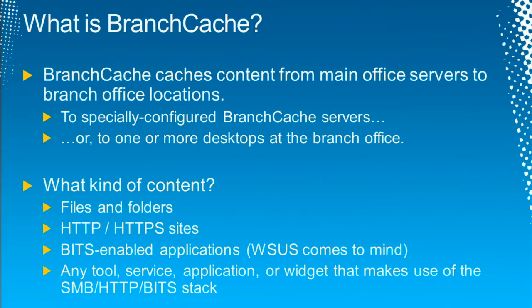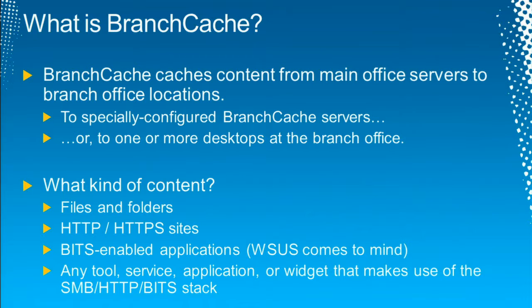Now, what does it do? Branch cache caches content from your main office servers to your branch office locations. Okay, so you can either cache that content to a specifically configured branch cache server, right? Some server that you put in that remote site, or you can put it to one or more desktops in the branch office.